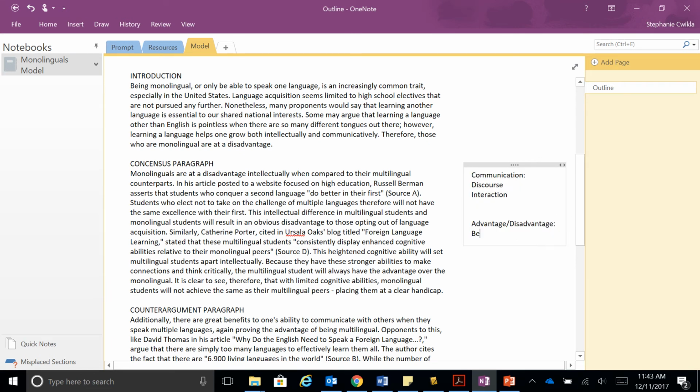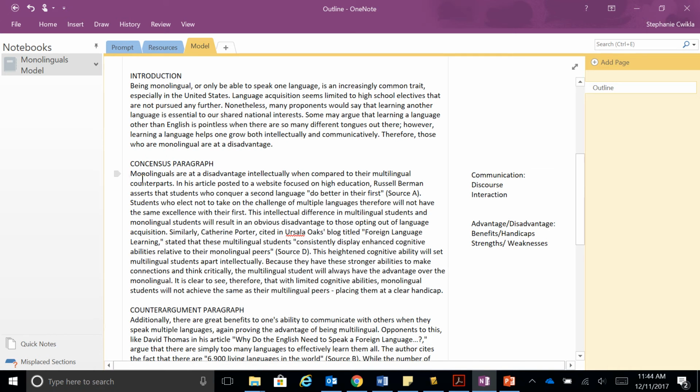So, benefits versus handicaps. Strengths versus weaknesses. Really, I think that's all I've got, but here are some words that I can start switching things out for.